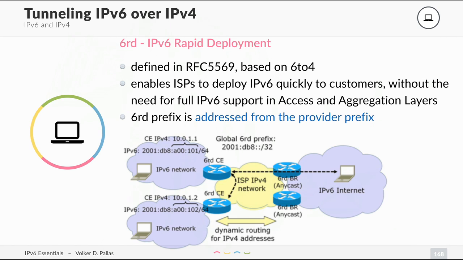So the CE router can have a public address. It can also have a private address. We don't care. 6RD enables the client to have IPv6 in its network using the provider prefix and the IPv4 address of the CE router. And these packets are encapsulated into IPv4 and sent over the IPv4 ISP network to the 6RD relay server, which uses Anycast, and then sent off to the internet.